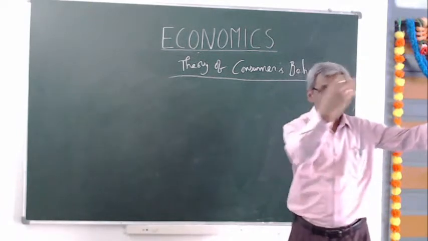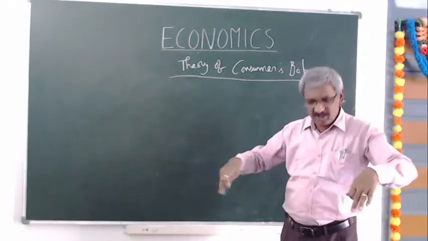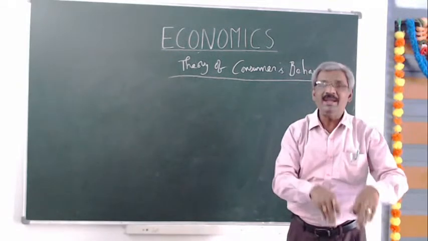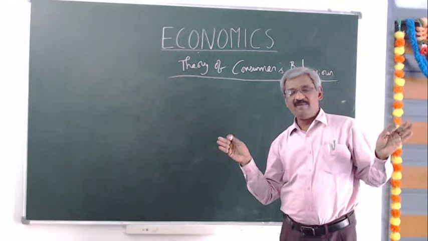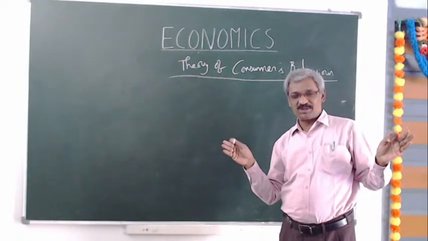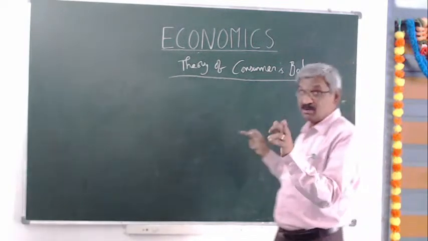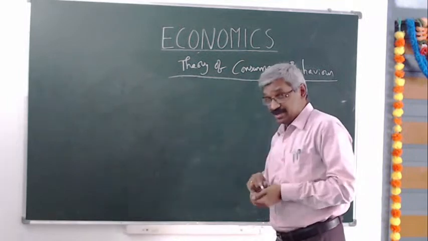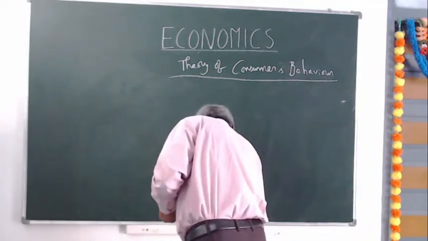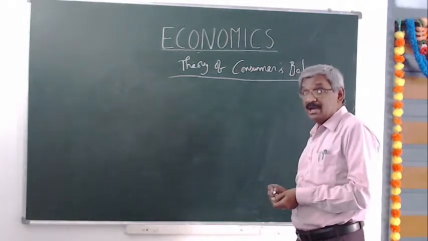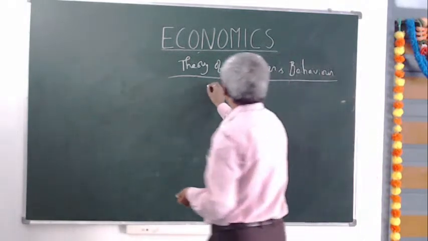Suppose in our society there are many people living in one area, but each and every person's behavior, character and wants are different. That is important. So that is the theory of consumer behavior. This theory of consumer behavior depends, at the economic level, on utility.